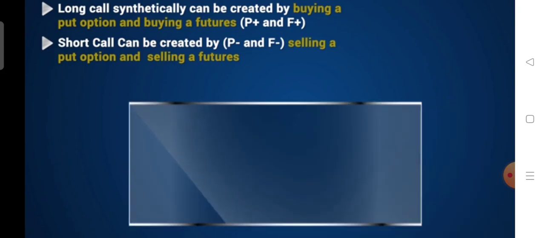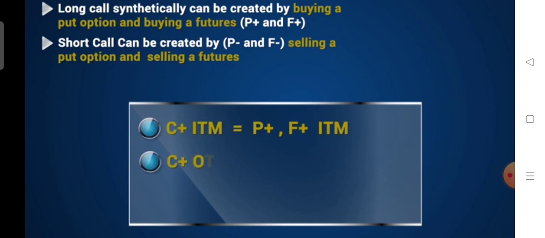So we can write a C plus in the money as buying a put option in the money and simultaneously buying a futures contract. A C plus out of the money can again be written as buying a put option out of the money and buying a futures contract.